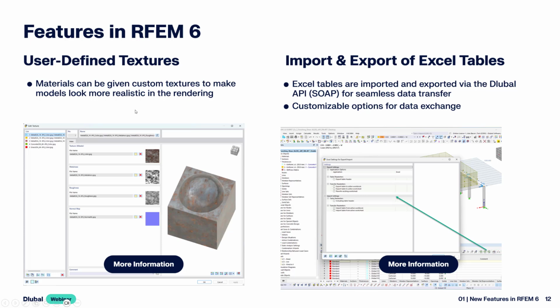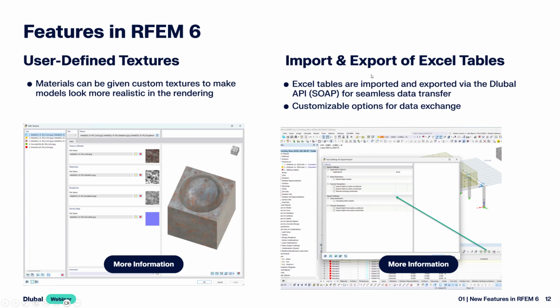Then you can use user-defined textures. For example, you made a presentation for the architect or for the owner, and you would like to use certain textures. You can use them.